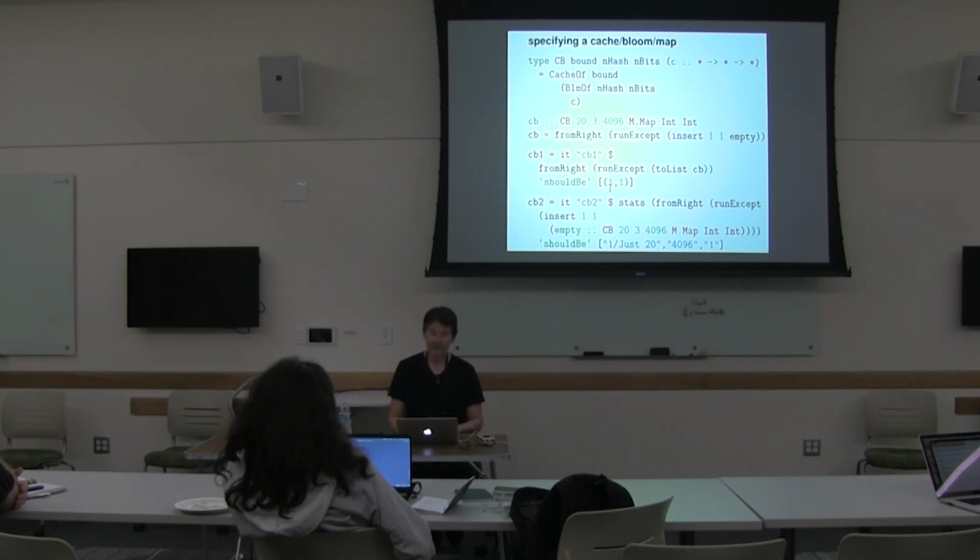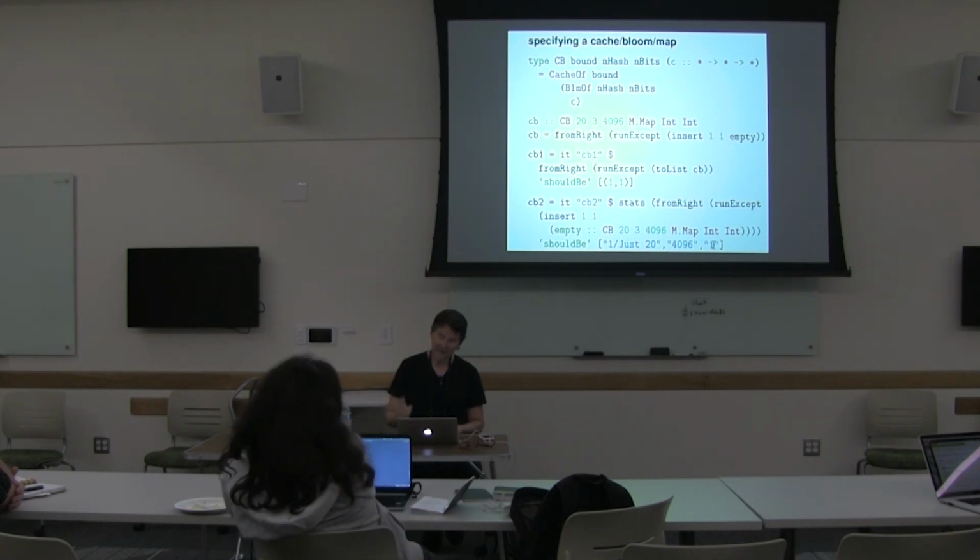If I look at toList, there is the only value in it. And if I look at the stats, we see that there's one thing inserted. Out of a possibility of 20 places, there's the 4096 bits, and there's the size. There's one thing in the map.